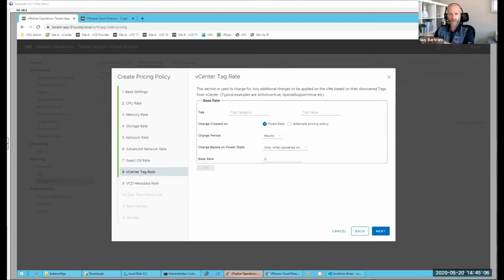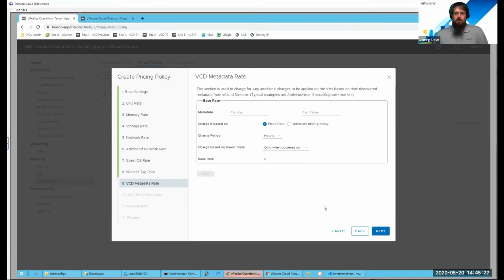Okay, that's cool. So this capability here with vCenter tagging and VCD metadata, these are extremely powerful capabilities, because pretty much this is like an open field. You can put in whatever tags you want, right? Yeah, absolutely.